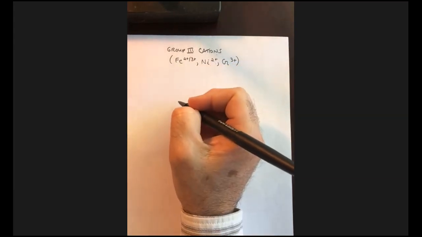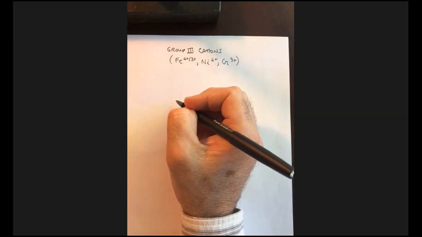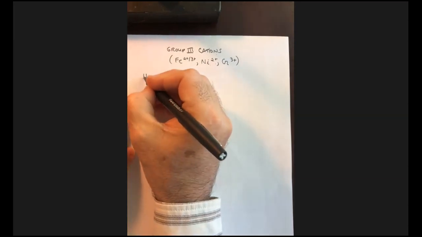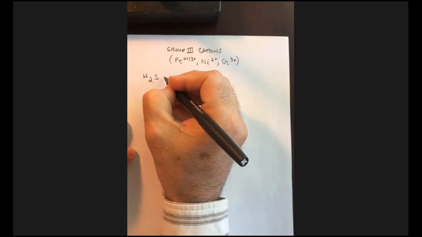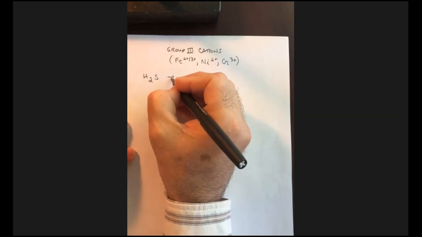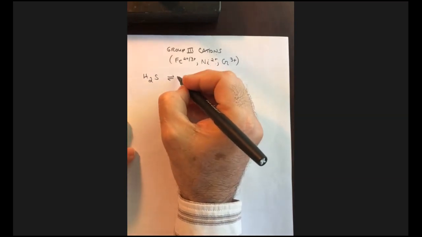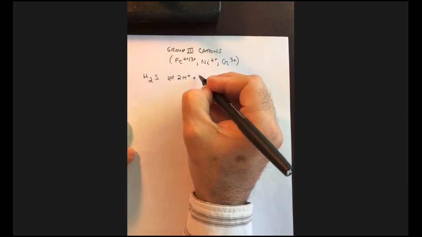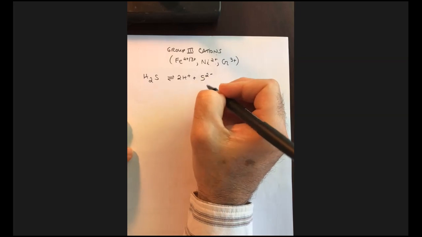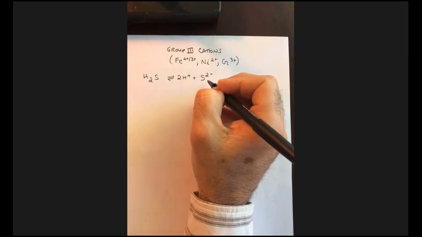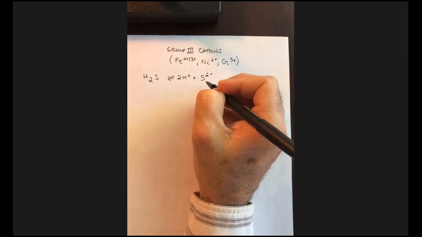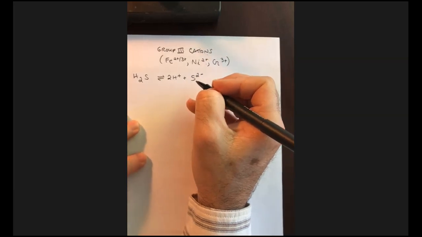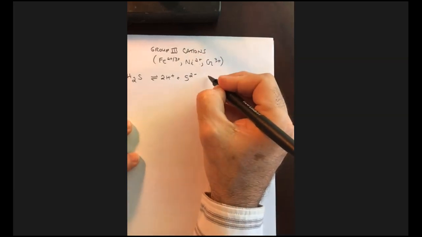So if you remember, we talked about the equilibrium of hydrogen sulfide. And we said that in solution, you can have an equilibrium between protons because of its slightly acidic activity and the sulfide ions. And those are the ones that we use to precipitate several cations in the form of sulfides.